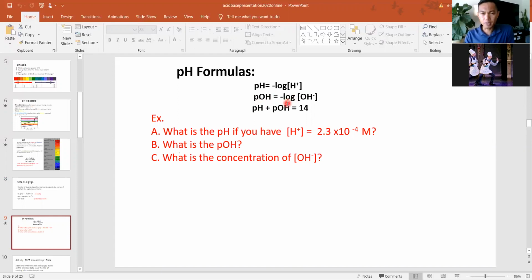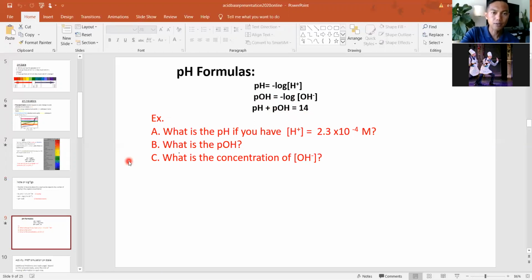So you'll notice it's the same setup, negative log, but instead of H plus, we're dealing with OH minus. And then it turns out adding the 2 together adds up to 14, which is the full range of acids and bases. So with that, let's answer the first one.